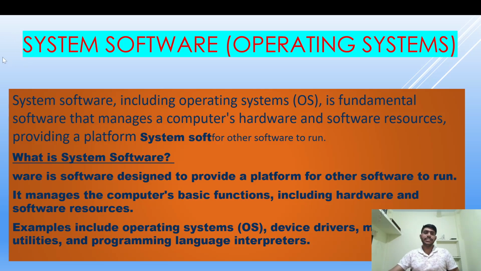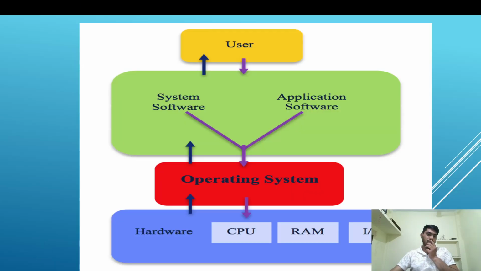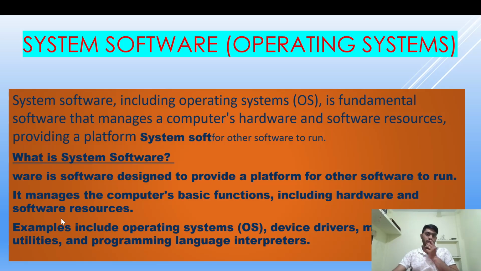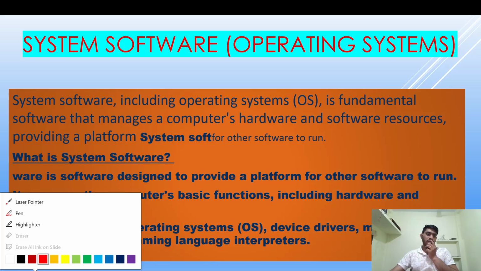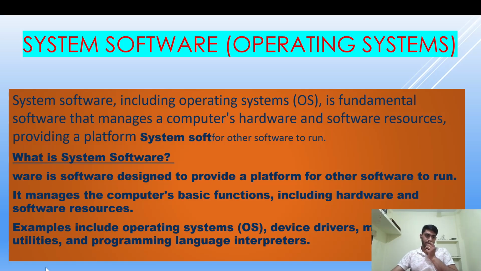So first thing is system software. What do you mean by system software? What is the role of software? First, you should know that. Software is a set of instructions that performs particular tasks.